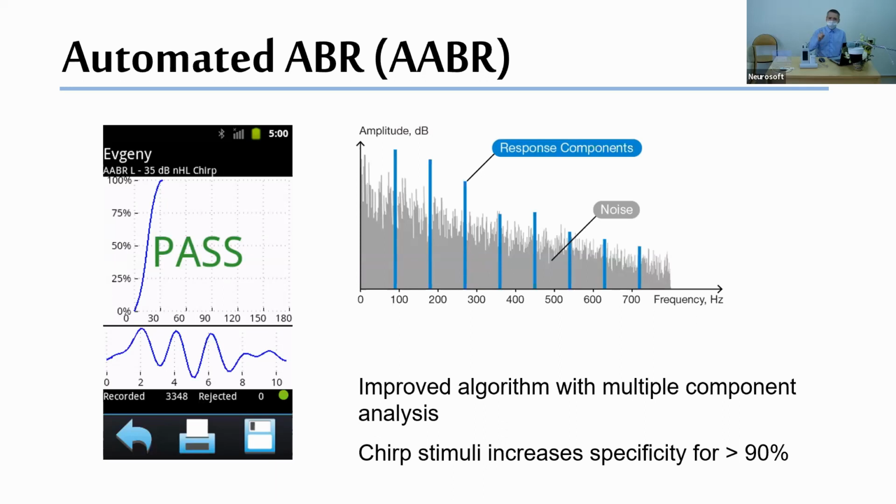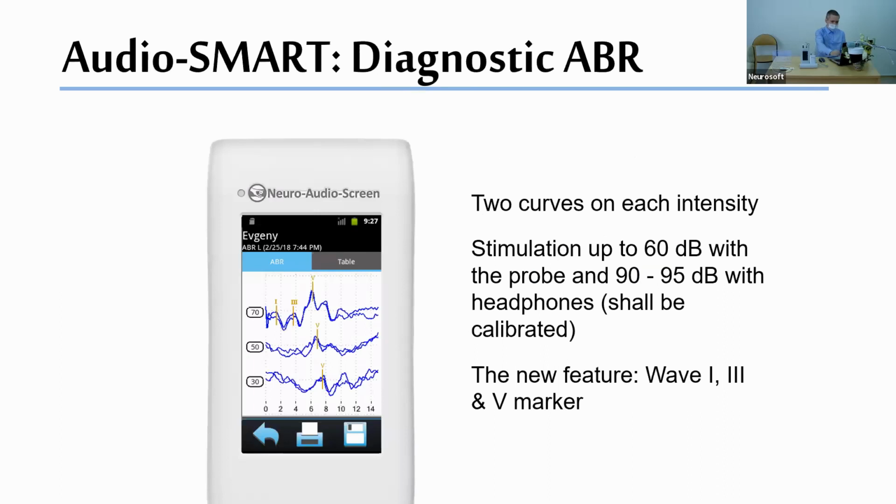A chirp stimulus is also used to increase the specificity of screening to higher than 90%, which is important for screening. But our AudioSmart device also has the ability to do diagnostic ABR.